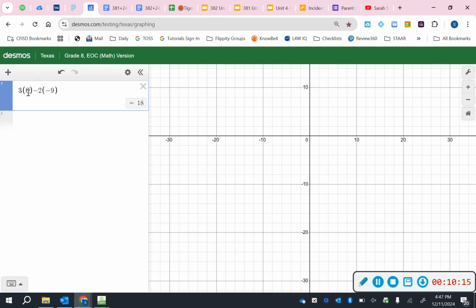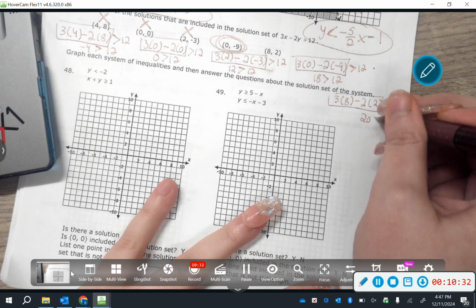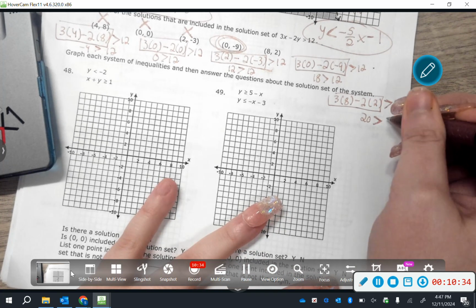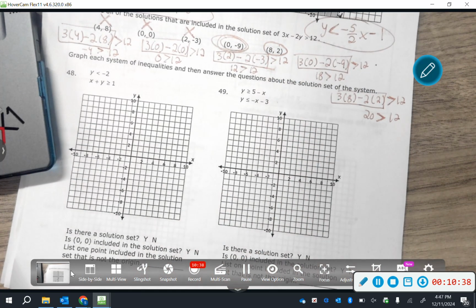So I'm going to do 3 times 8 minus 2 times 2. All right, so I got 20. Is 20 greater than 12? Yes. So this is also an answer.